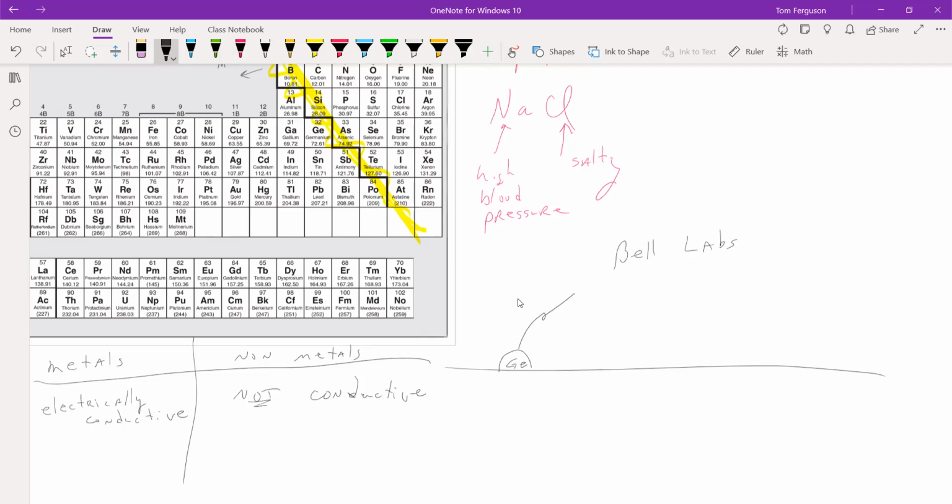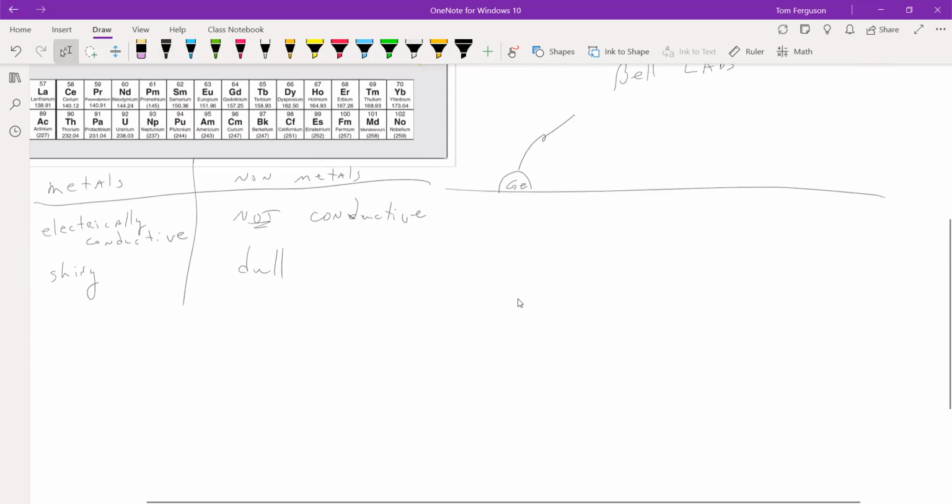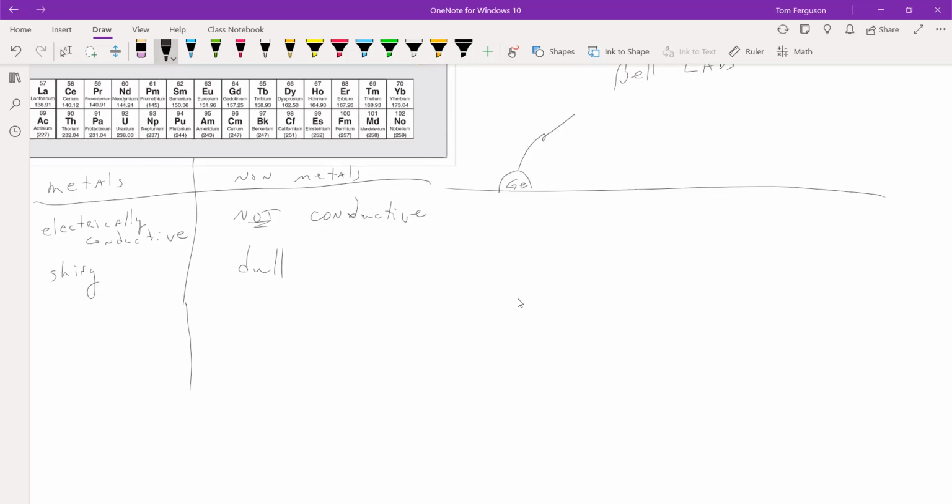What's another characteristic of a metal? Yeah. It's reflective or shiny. What else?